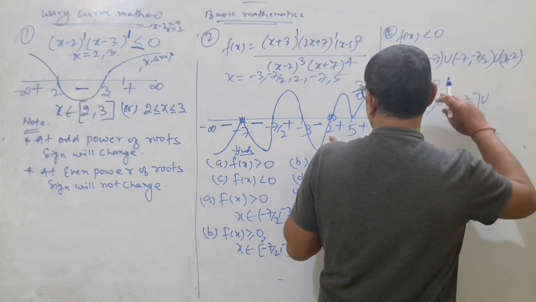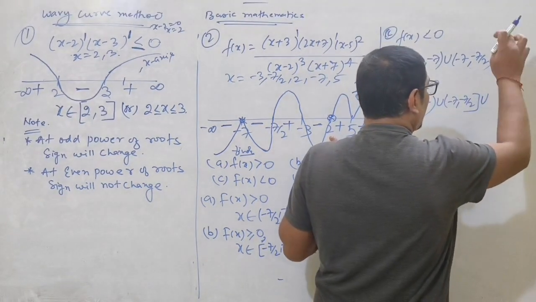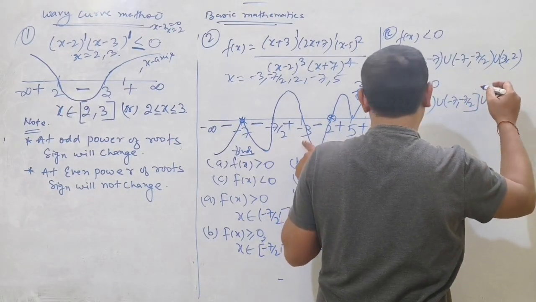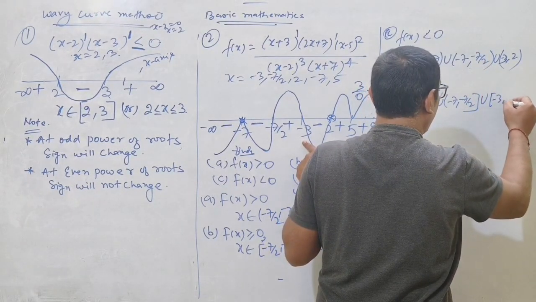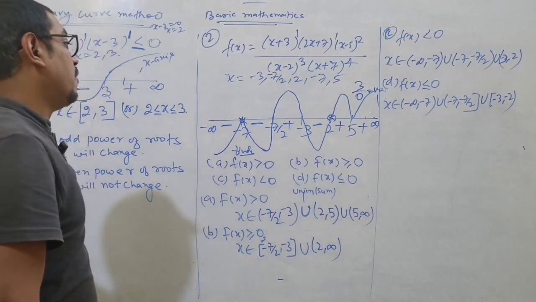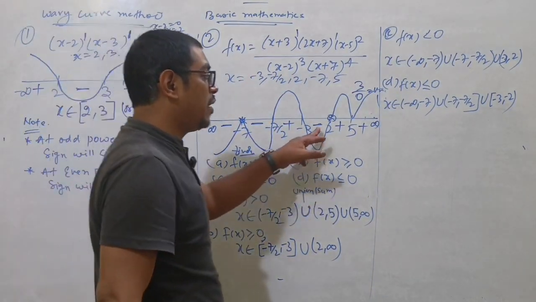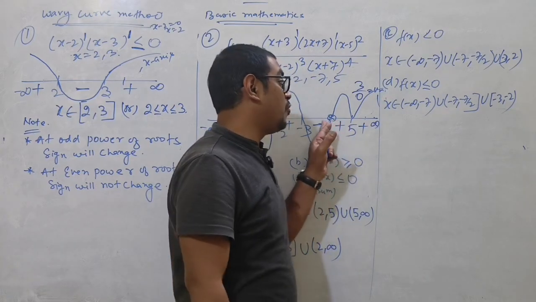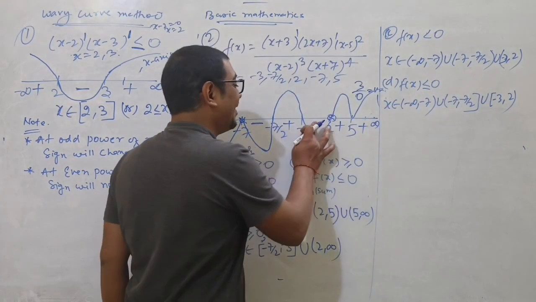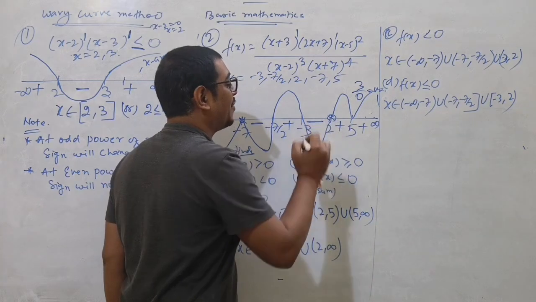Minus 3 to 2. So minus 3 is a big bracket but 2 is a small bracket only. Remember, why is 2 in a small bracket? Because you can't take 2. This is confusing, no? Okay, I'm writing here.